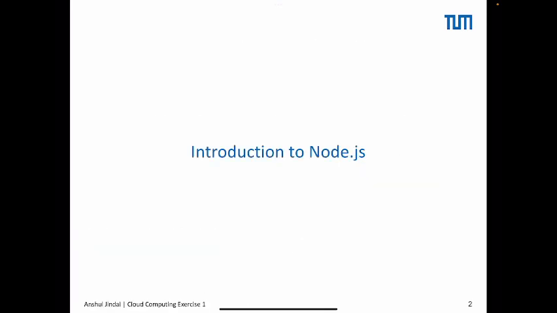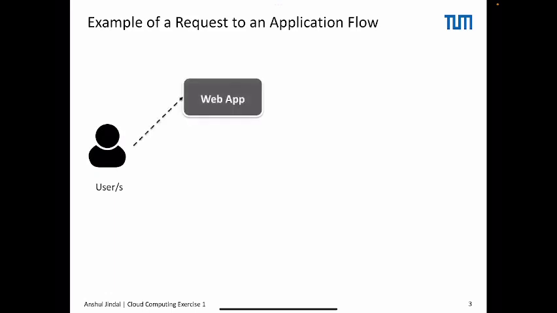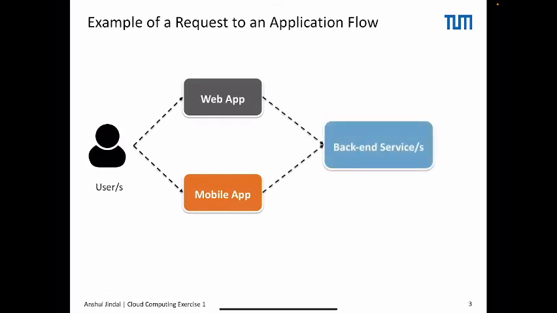So let's go into the details of what Node.js is, or an introduction to Node.js. As you might already know, there is a kind of 3-tier or web application, which usually consists of a user like you, who uses either a web app or a mobile app to open that application. It interacts with a backend, and this backend could be written in any language.